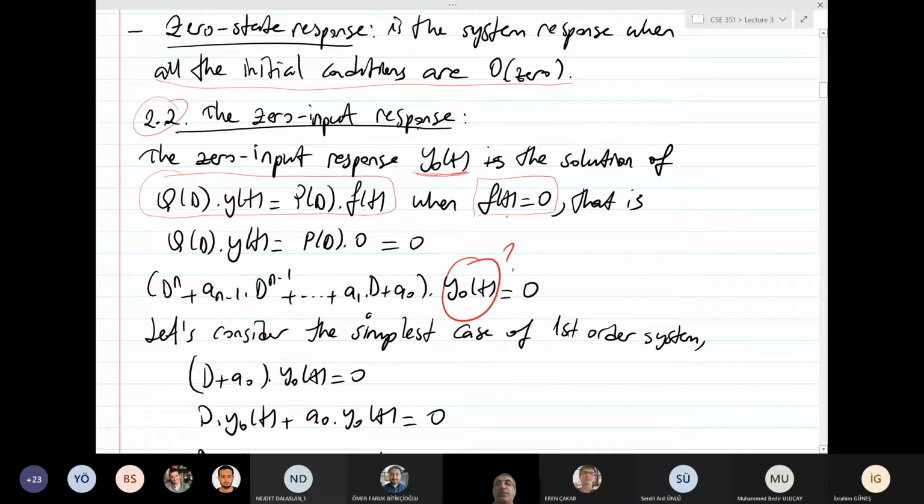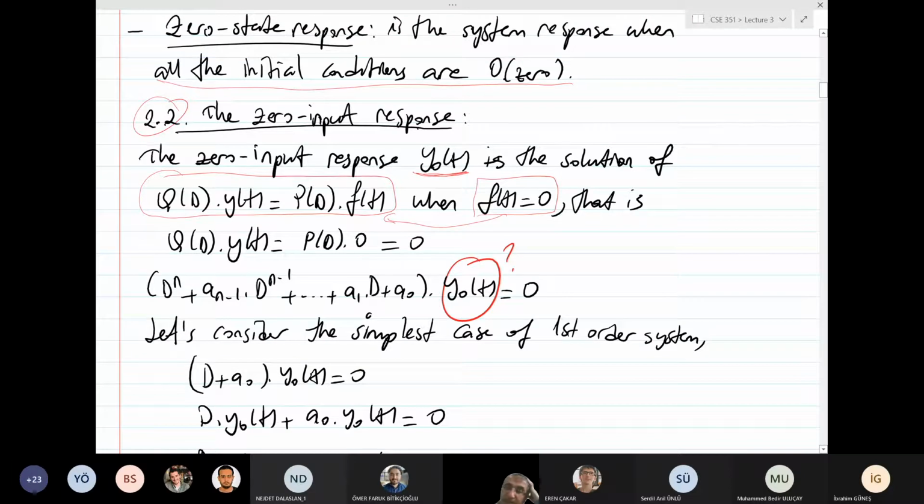That means I'm going to plug in f of t equal to 0, or replace f of t with 0, and try to solve this equation. So I put it here, then the right hand side becomes equal to 0, and my left hand side polynomial Q of D times y of t is going to be equal to 0.